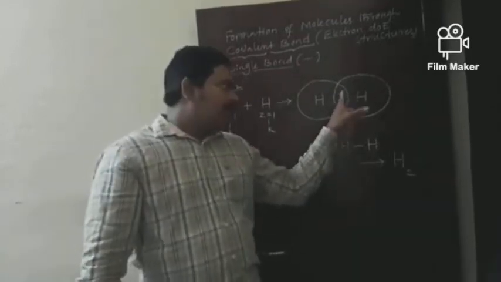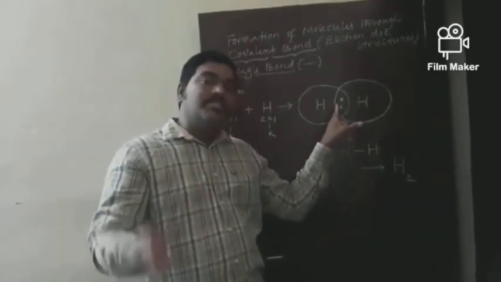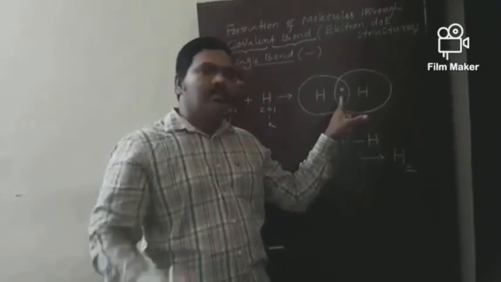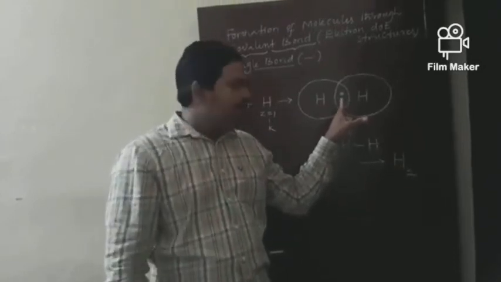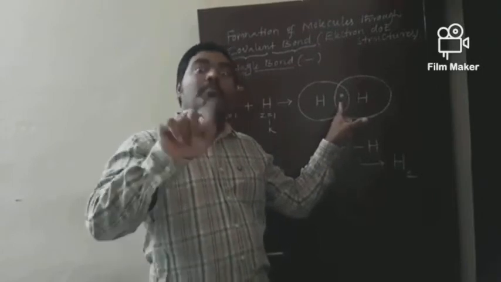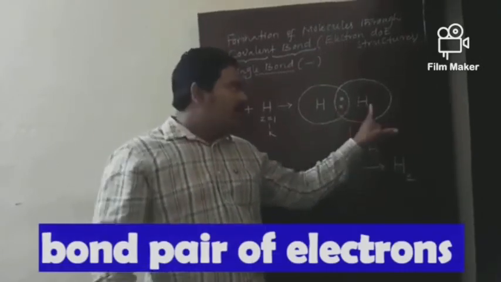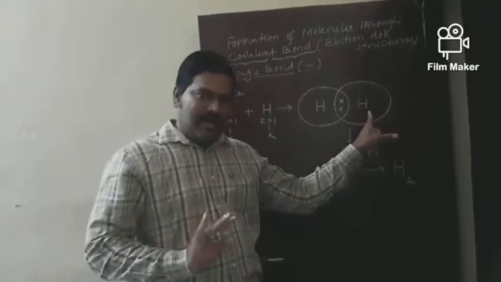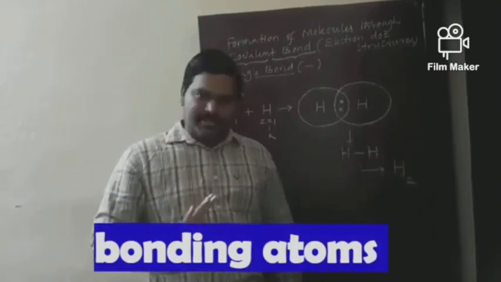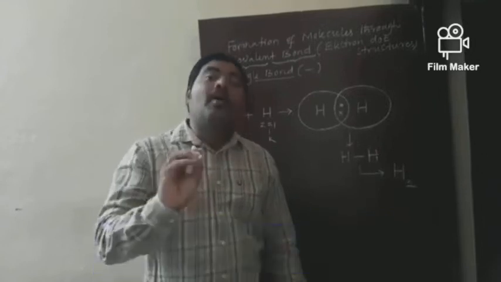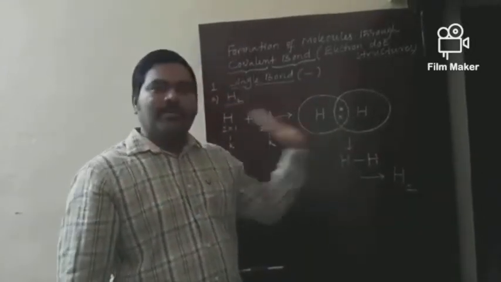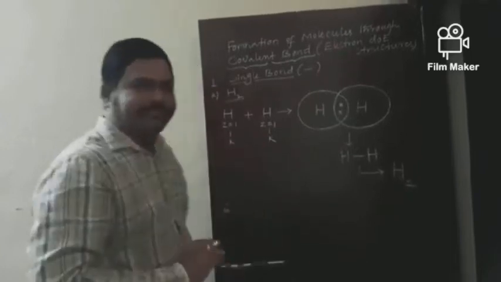And this pair of electrons involved in bond formation is called bond pair. What is this electron pair? It is called bond pair. And these two atoms which are involved in the bond formation are called bonding atoms. So this is about the formation of hydrogen.